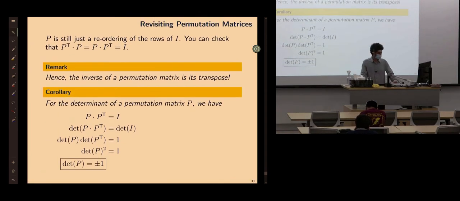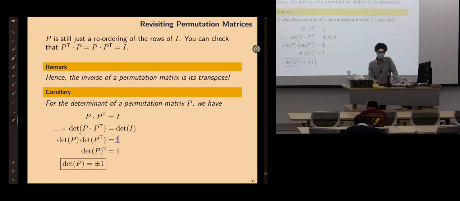Another interesting result here is that now if P times P transpose is the identity, let's carry out some calculations based on what we learned today. I take the determinant of both sides. The determinant of the identity matrix is 1.